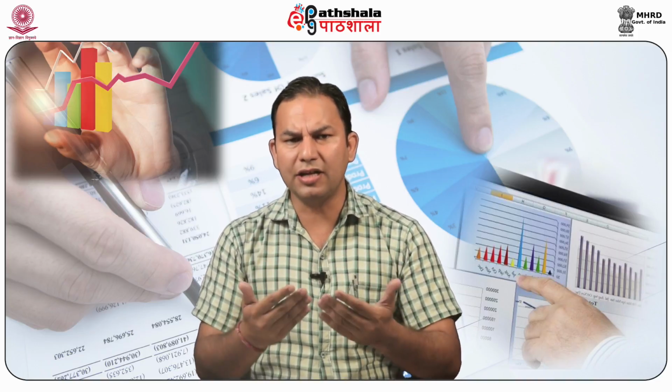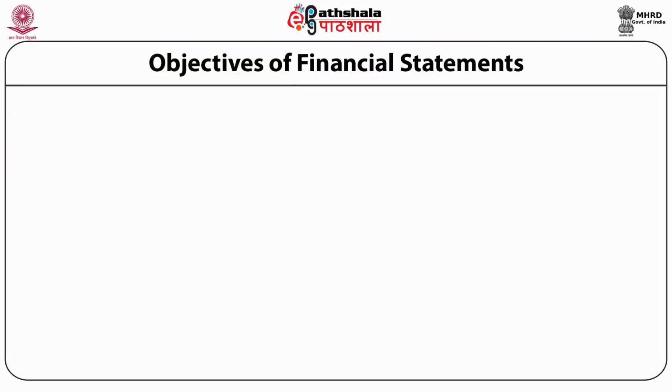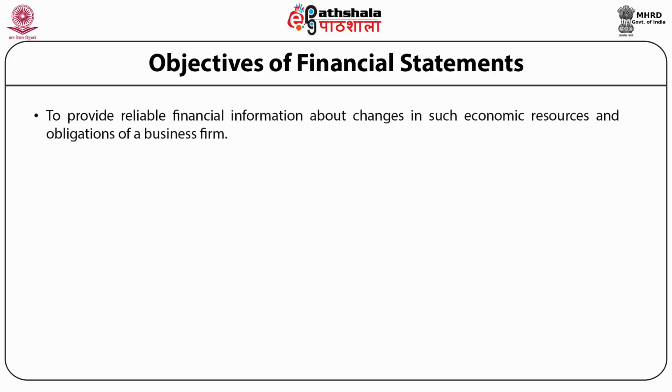The Accounting Principles Board of America states the following objectives of the financial statements. Now, why are financial statements prepared? What is the objective of preparing financial statements? The financial statements are prepared to provide reliable financial information about the changes in economic resources and obligations of a business firm.